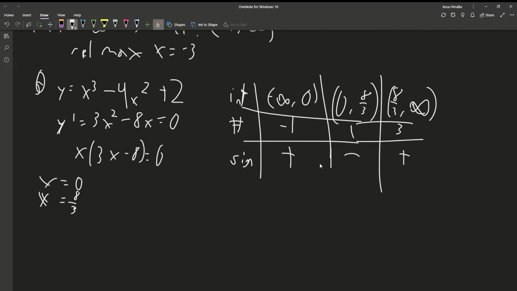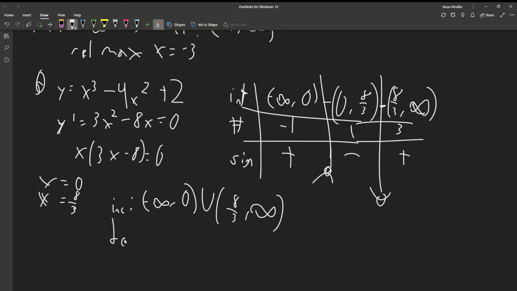So our graphs are going to look like this: increasing, then decreasing. Then we have a min at 8 over 3, and a max right there at 0. So we have increasing intervals, where it's positive, from negative infinity to 0, union 8 over 3 to infinity.